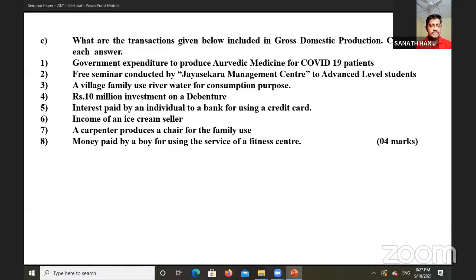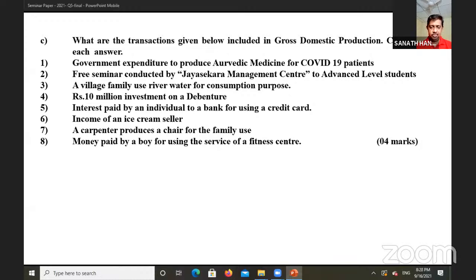Right. Next one. Free seminar conducted by Jayasekara Management Center to advanced level students. This seminar, that means the education that I am giving you now. Does it go to GDP? The education service that you are enjoying now from me.